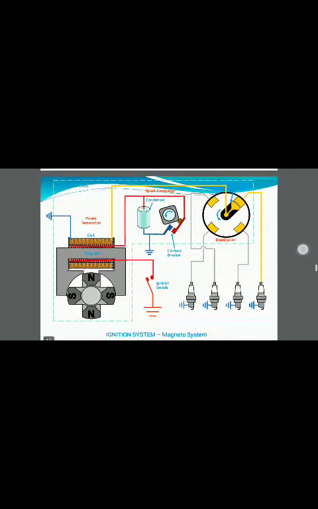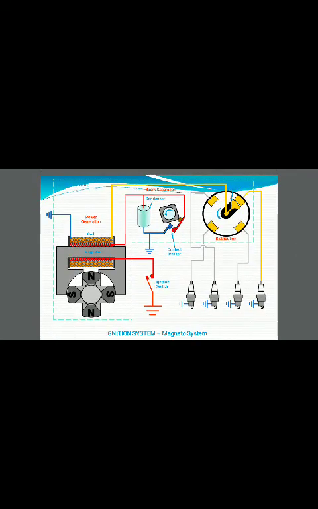So you can have a better view here of how the magneto ignition system works. You can see on the left hand side there is a power generator and a coil in which a magnet is placed.